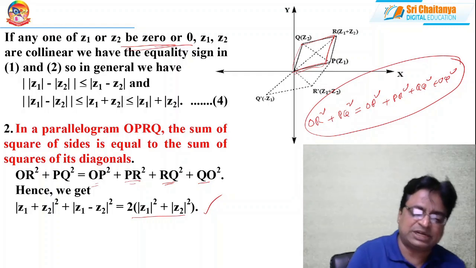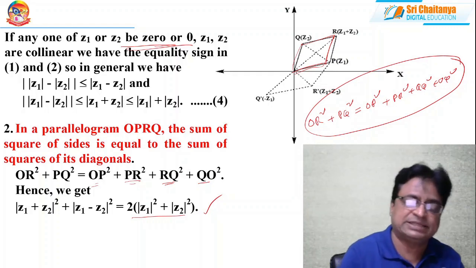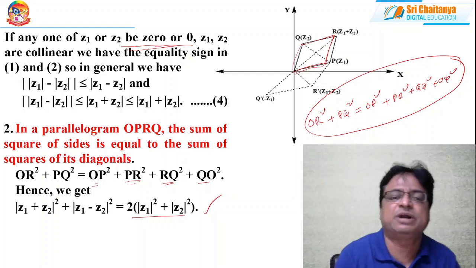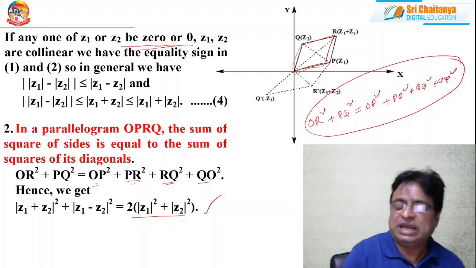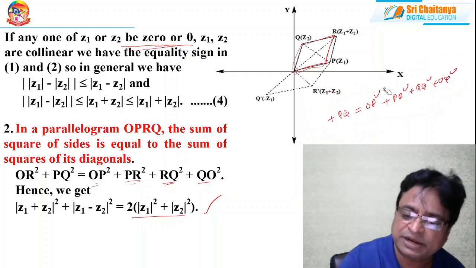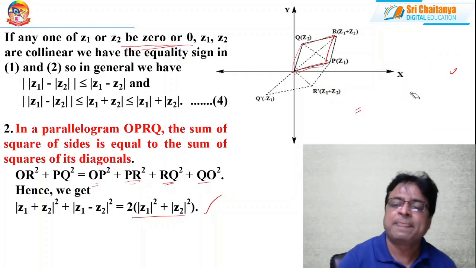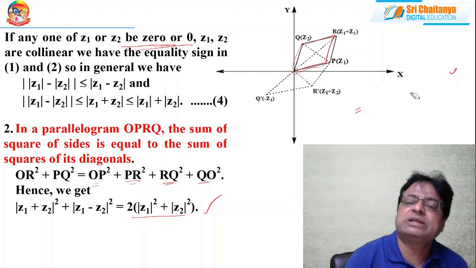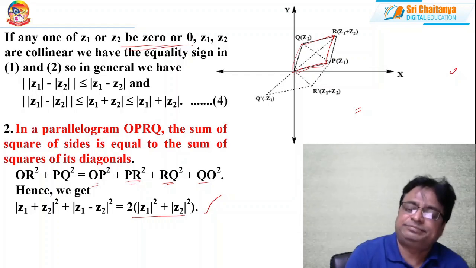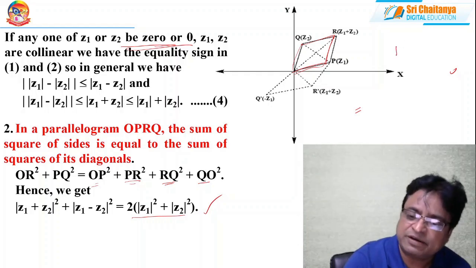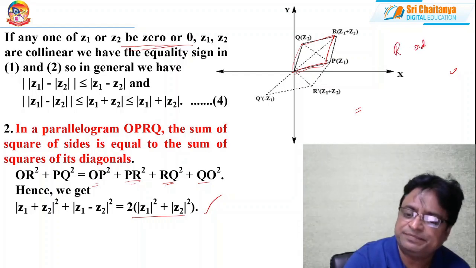The same things that we have proved in geometry and in vector algebra, even in complex numbers also, it is true. Actually, from the modern algebra point of view, I can also state that the set of complex numbers is a complete field, not an ordered field. The set of real numbers is an ordered field.